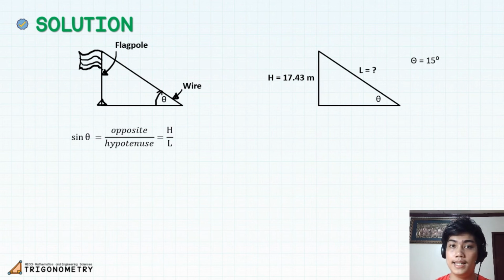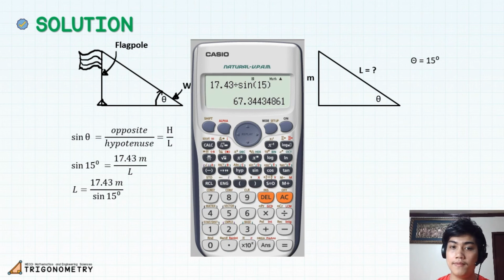From the figure, the opposite side is h, while the hypotenuse is L. Substituting the values, sine of 15 degrees is equal to 17.43 meters divided by L. Manipulating the equation, L equals 17.43 meters divided by sine 15 degrees. Inputting that in our calculator, we get that L, the length of the wire, is 67.3443 meters. That is all for this part.